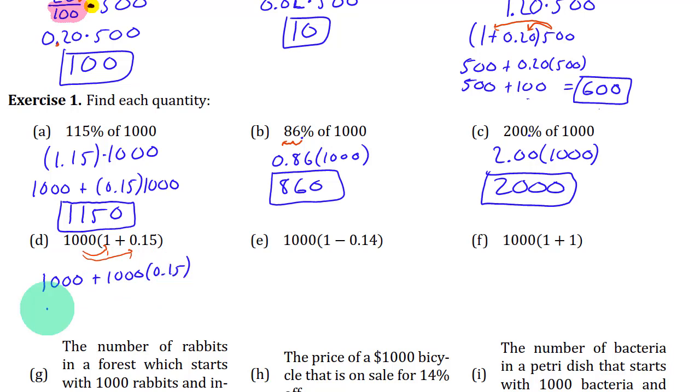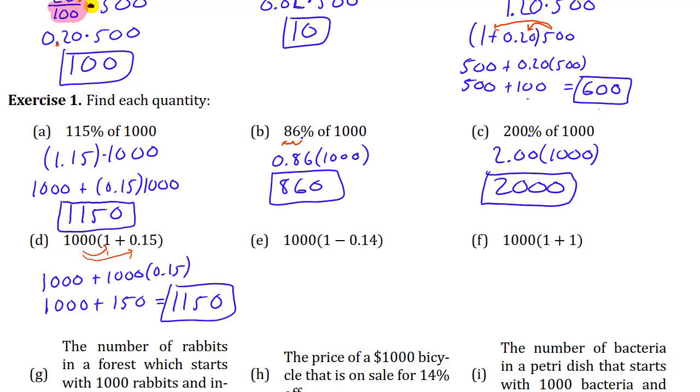So that's going to be 1,000 plus 15% of 1,000 is 150, and that is 1,150. So the point I'm trying to make here is that A and D are the same thing. That you can think of 115% as 100% plus 15%. That will help you understand the concept that we're going to get to in a minute.